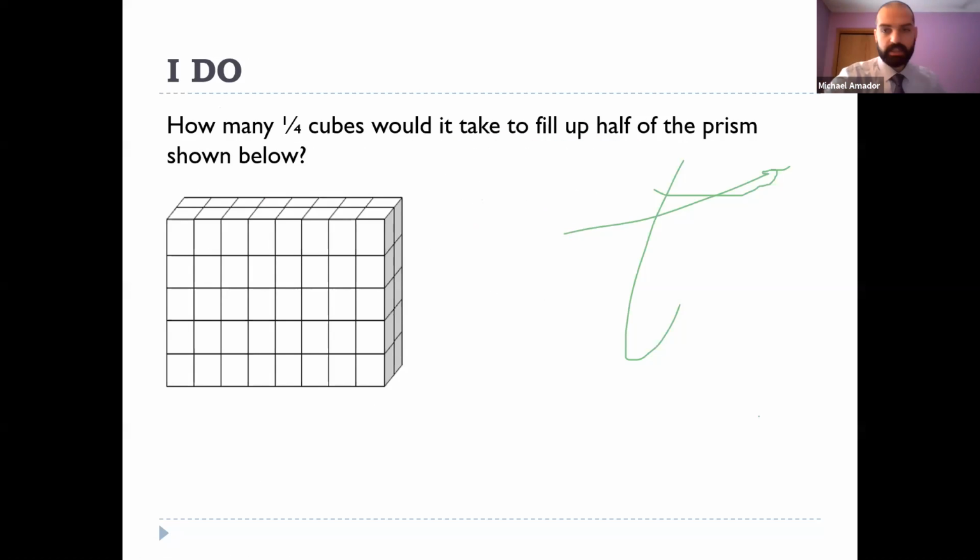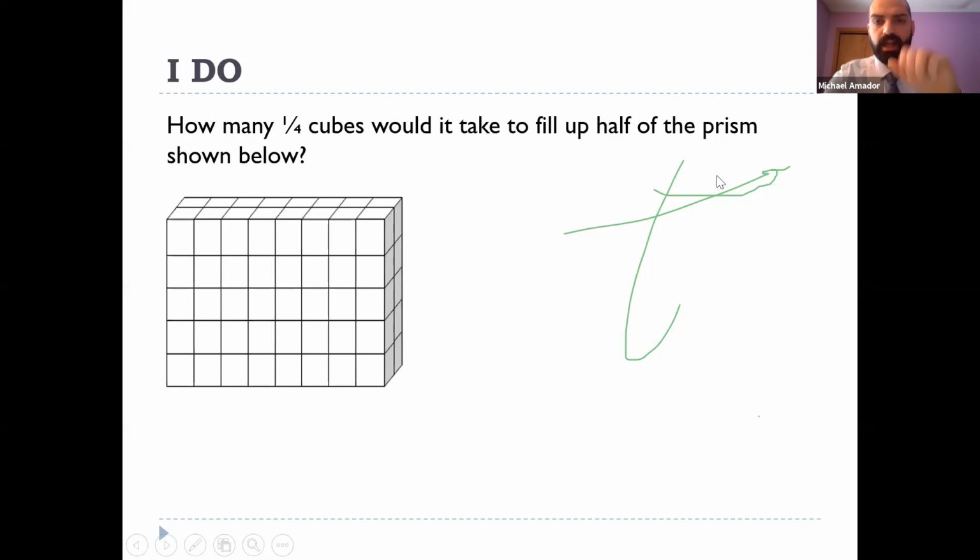In last week's lesson, I mean, it's been over a week, but in the last lesson, we learned how to calculate the volume of rectangular prisms with fractional sides. The volume formula is that volume is equal to length. Now I'm going to call on some people to finish this for me.